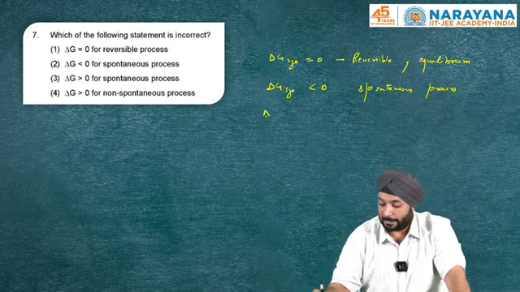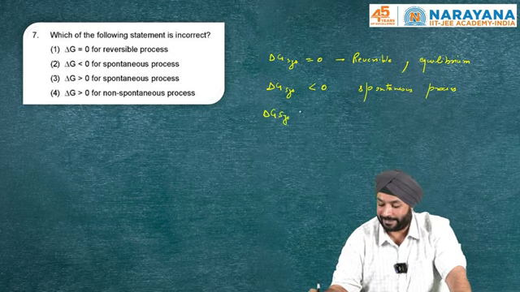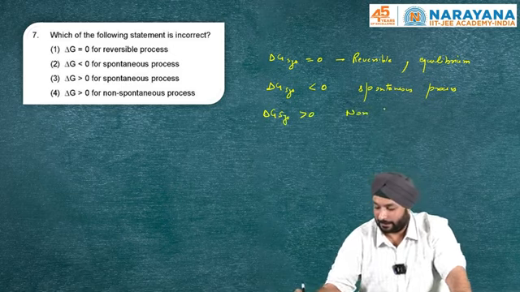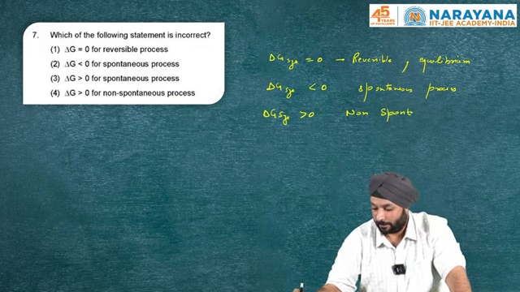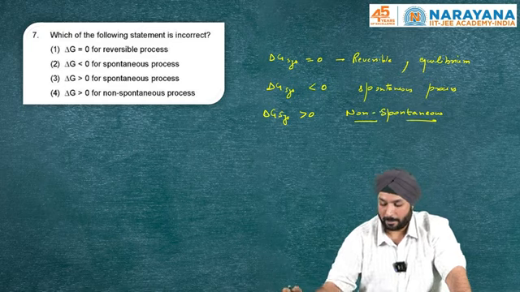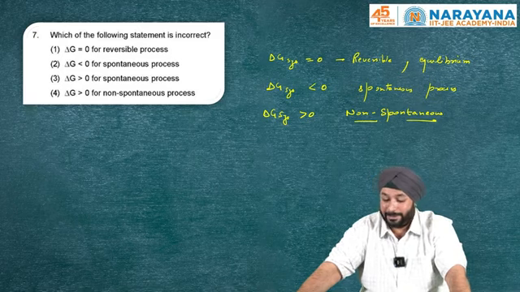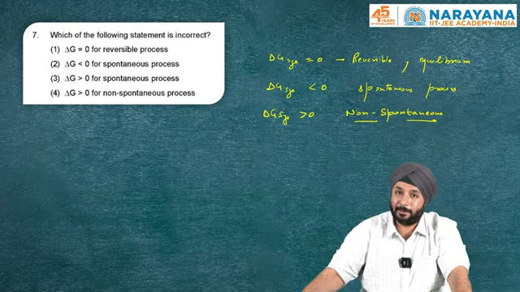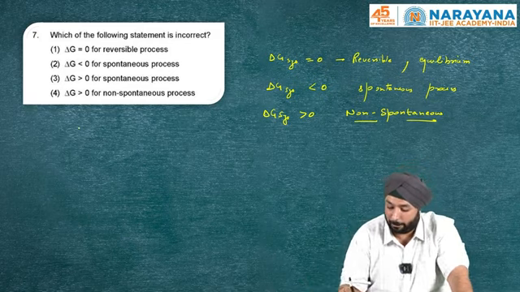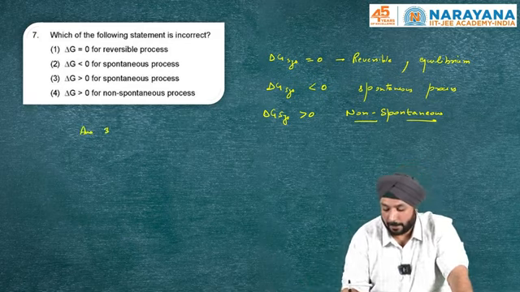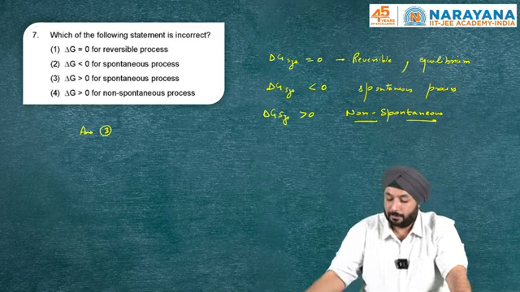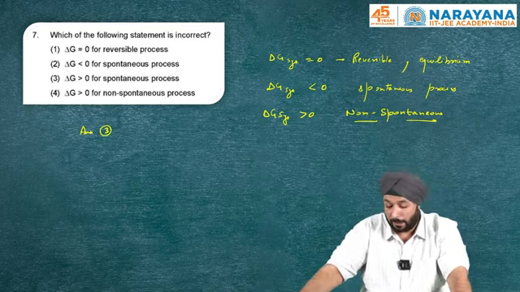So delta G of system is greater than 0 for the reactions which are non-spontaneous. Right. See, we have to find out which statement is incorrect. Obviously, delta G greater than 0 for a spontaneous process is not correct. So the answer is supposed to be 3. Right. So shall we move ahead?